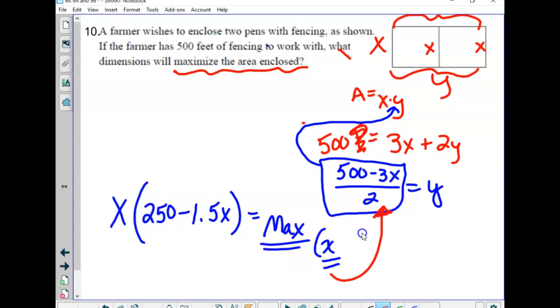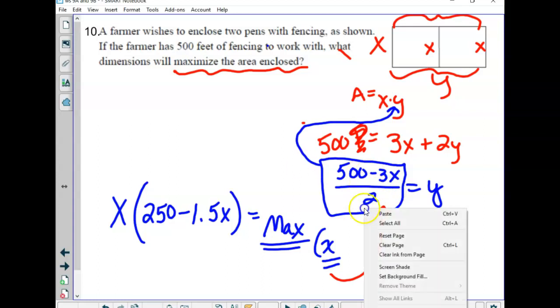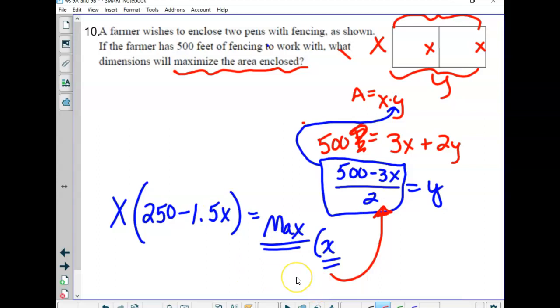Don't use the y value from the maximum. You got to put it back in here to find the other dimension. We're putting it into the area formula.